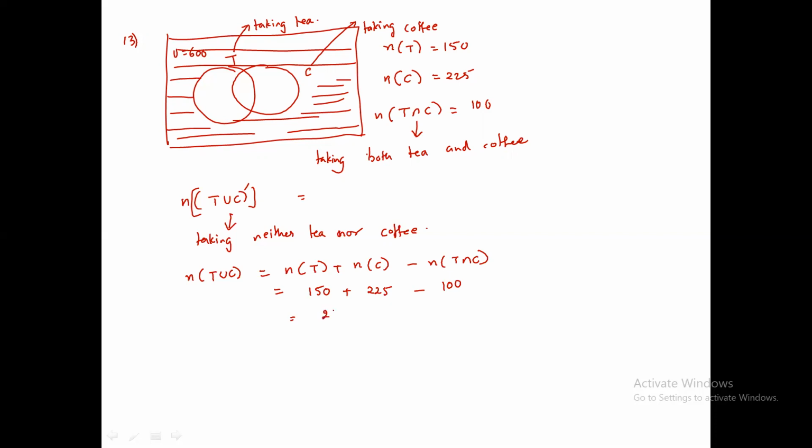So we are getting 275. But N of (T union C) complement will be, from the universal set, you have to subtract N of T union C. The universal set has 600 minus 275. That means 325 students take neither tea nor coffee.